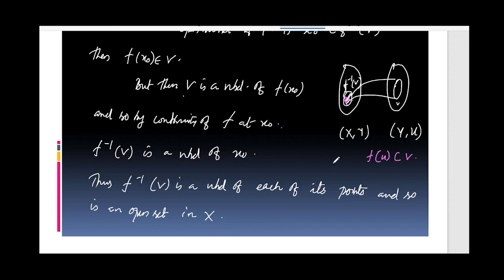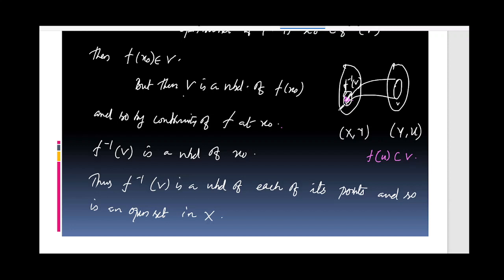We have assumed that f is continuous, and we want to prove that if you have a V open in Y, then its inverse image is also open in X.